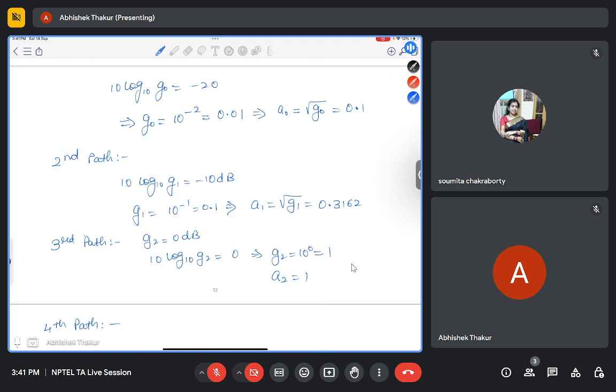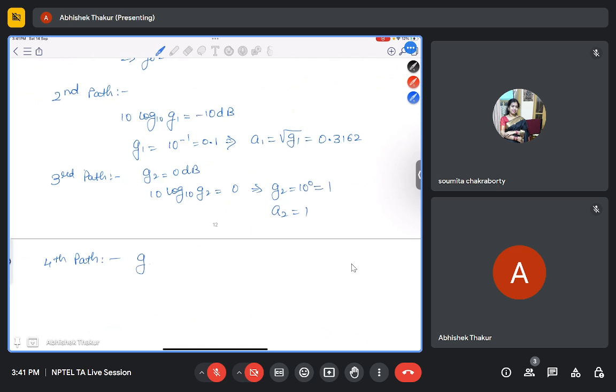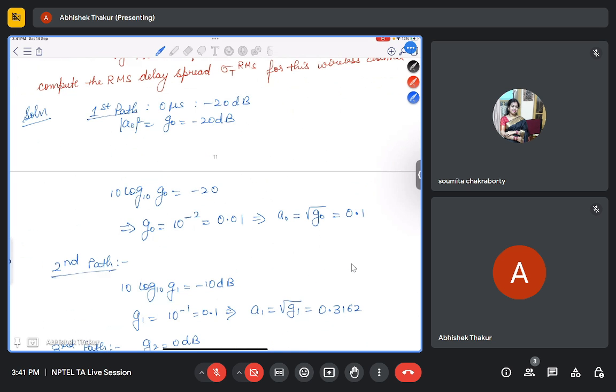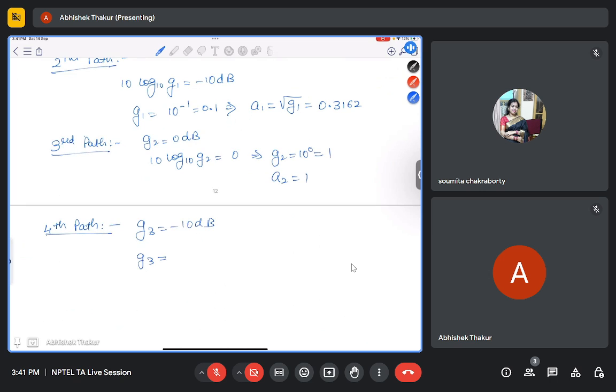For minus 10 dB we have already calculated in the second path, so G3 is equal to 0.1 and A3 is equal to 0.3162.